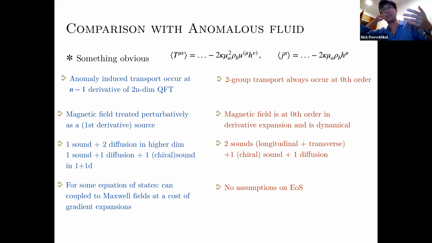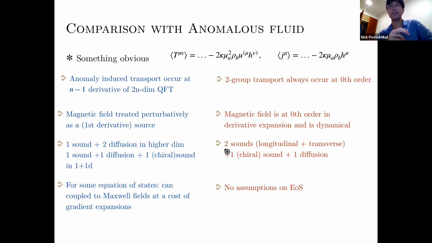In this case, the magnetic field or the string density is just a density, a zero-derivative object, and you can allow it to be dynamical. The number of sound modes is different. In four dimensions, the number of sound modes for the anomalous fluid does not change, because the anomaly piece enters at first derivative level only.